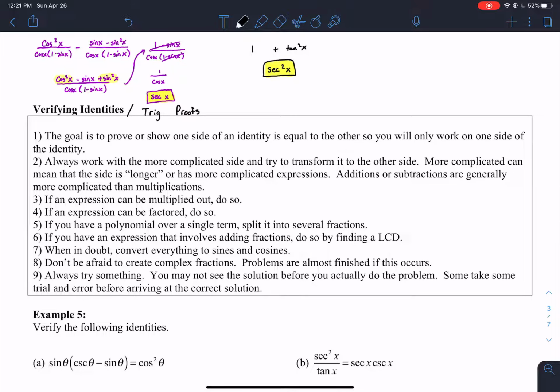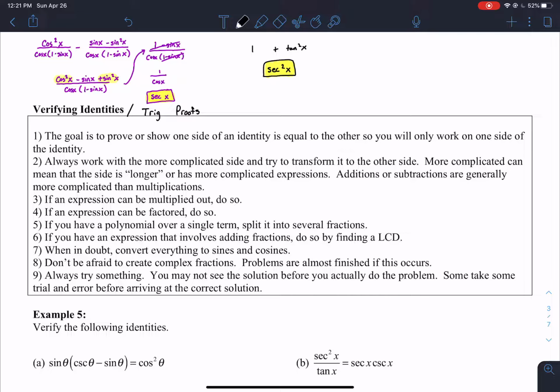Essentially, the goal is to prove or show one side of an identity is equal to the other. You're trying to show that both sides equal the same thing. The big hint is, you want to use the side that looks more complicated.